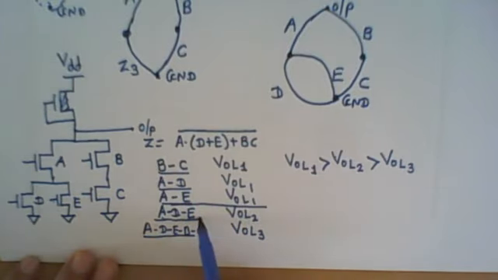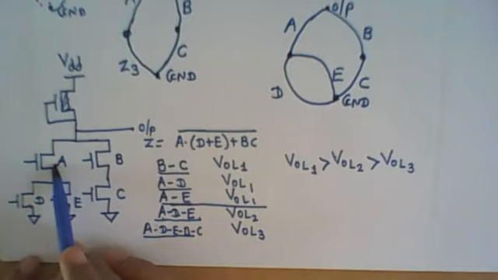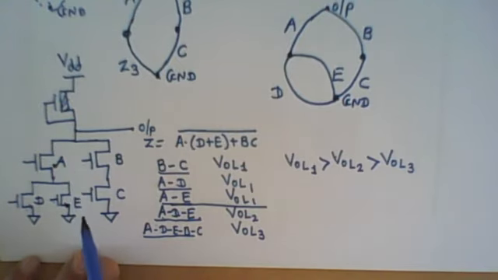Now when three MOSFETs are 1, then actually D and E, R1 and R1, are in parallel. So it will make R1 by 2 equivalent resistance, and it comes in series with A. So it is 3 by 2 R1, not 2R1 resistance. So the resistance between the output and ground will decrease, so it will make a lower value of VOL.